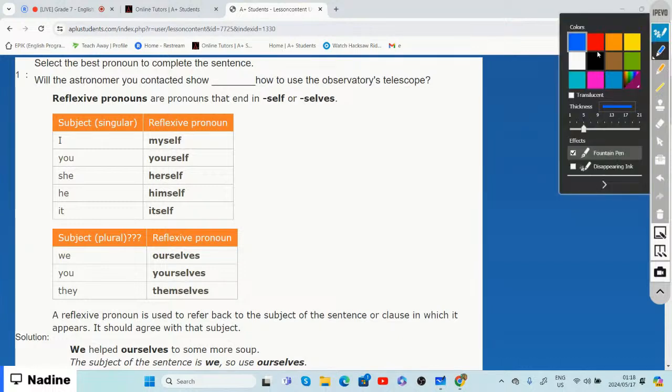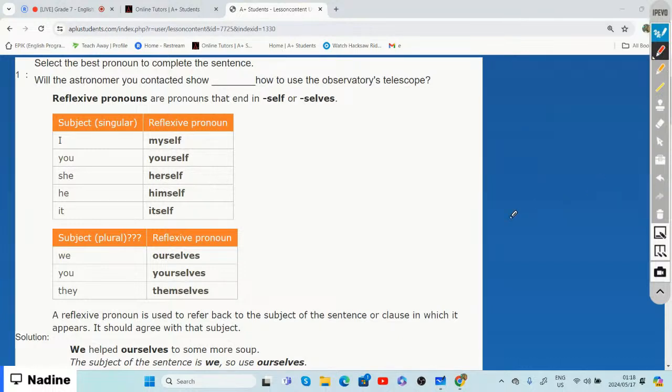The reflexive pronoun myself goes with the singular subject I. Then we have the reflexive pronoun yourself and the singular subject you.